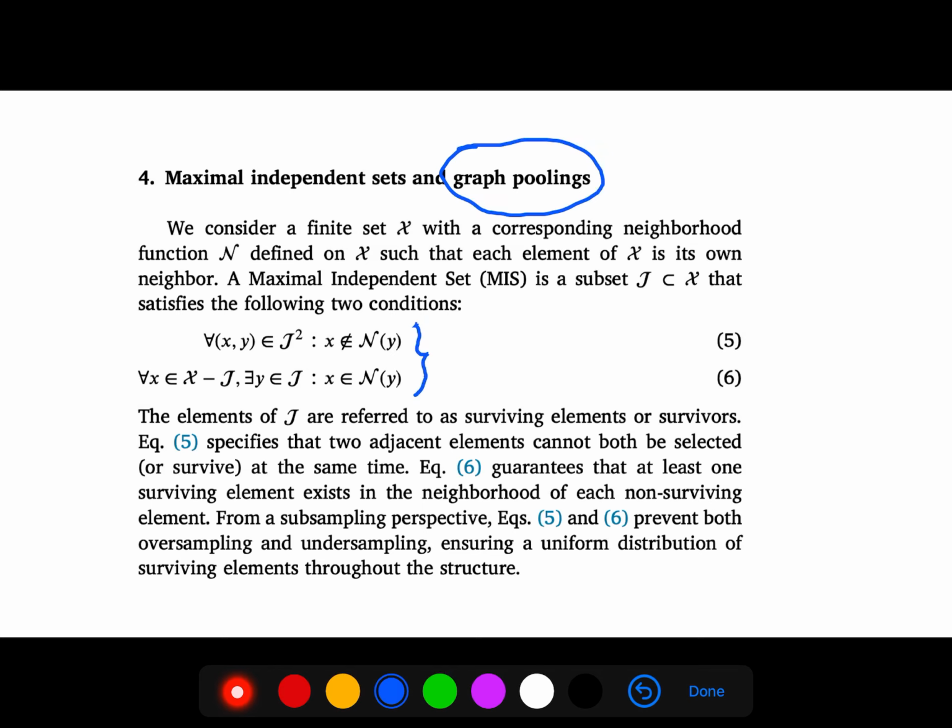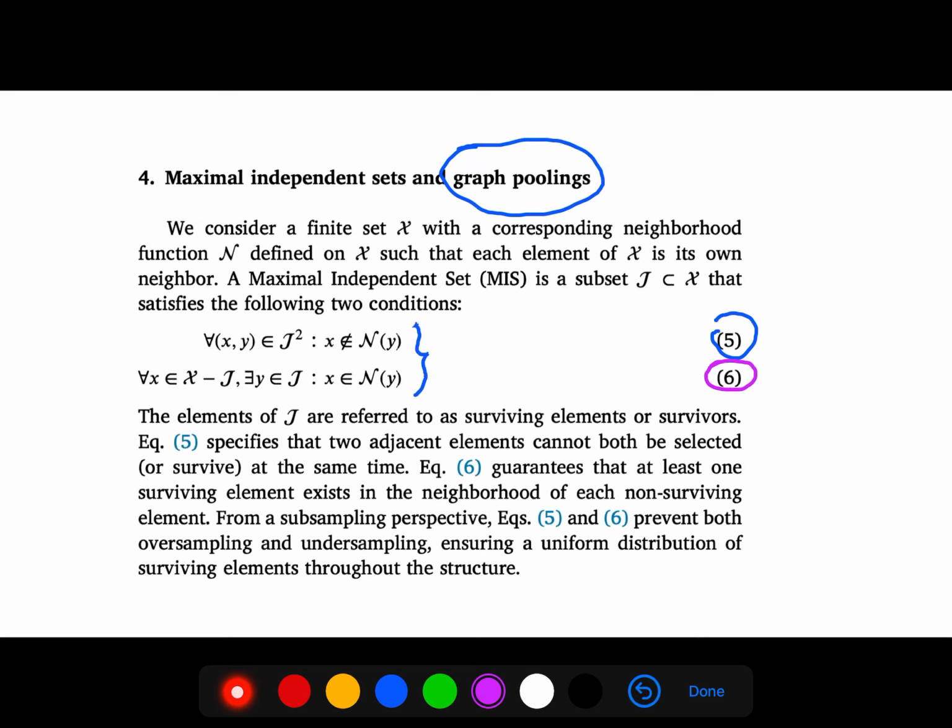The elements of J are referred to as surviving elements or survivors. Equation 5 specifies that two adjacent elements cannot both be selected or survive at the same time. Equation 6 guarantees that at least one surviving element exists in the neighborhood of each non-surviving element.